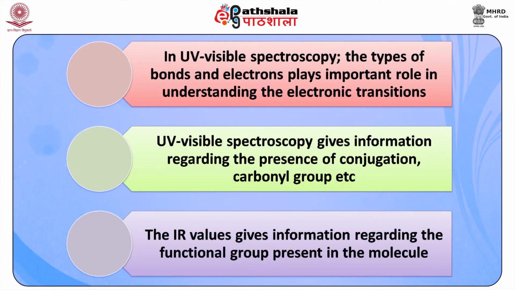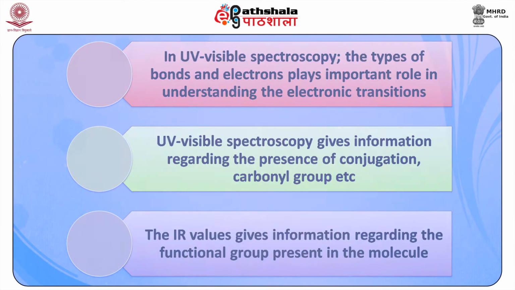In UV visible spectroscopy, we get the information about the conjugation and the carbonyl type of groups. The IR spectra or the IR values, if they are provided to you, will give you information regarding what functional group is present, and you can always refer to the literature value for that this particular group comes at this value, so it will correspond to this particular functional group.